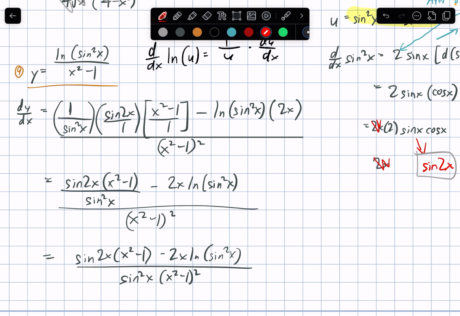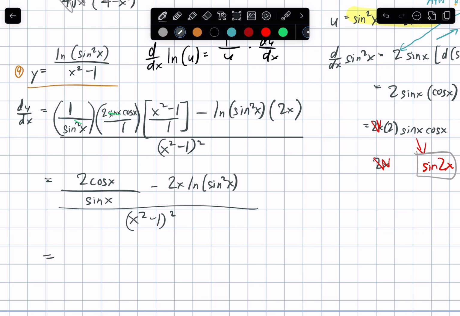You know, we can just rewrite this back as 2 sine x cosine x, so that these two can cancel. Okay, let's discard this. Cosine over sine, that's gonna be cotangent, right?